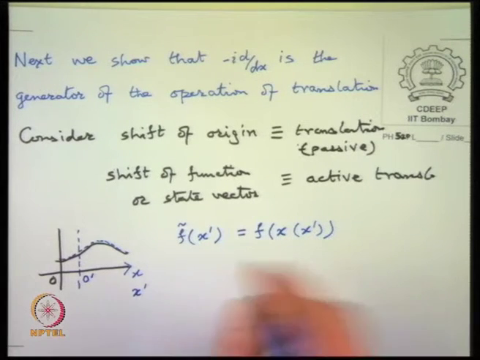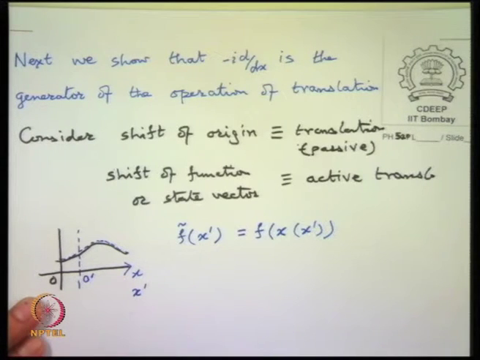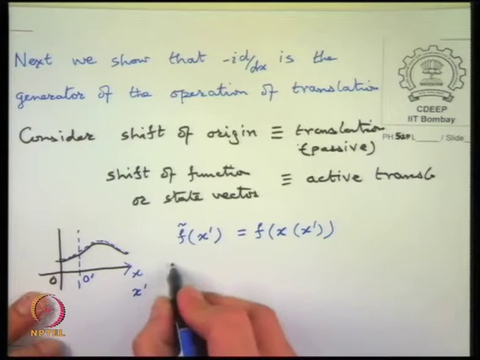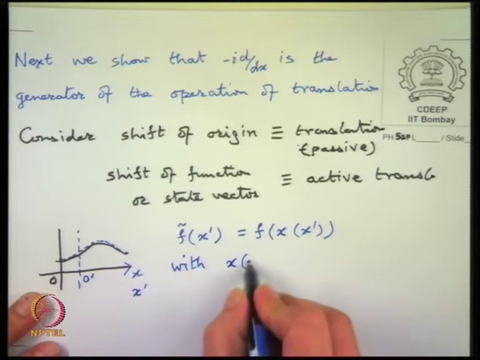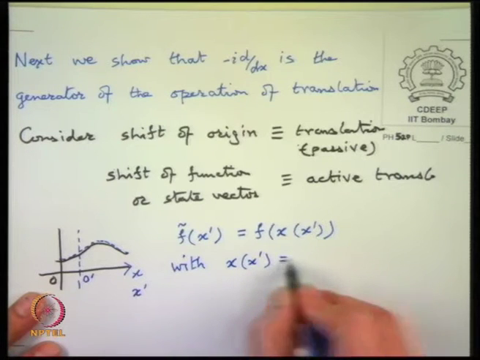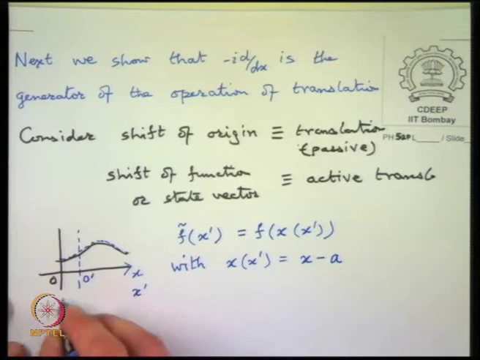So we have made a transformation x to x prime, and the x prime coordinates are such that x minus a, where this is a.